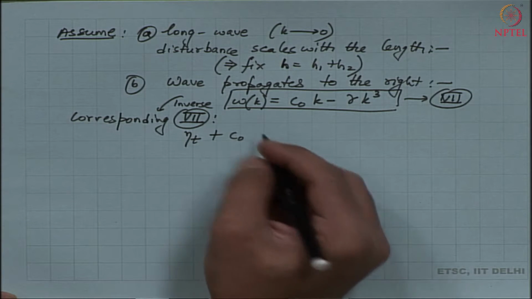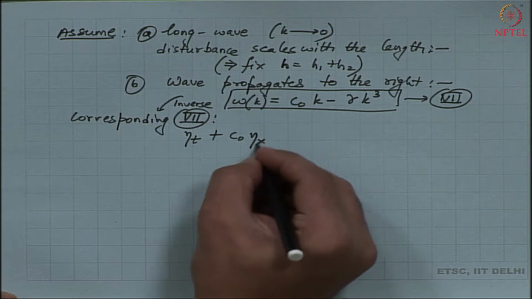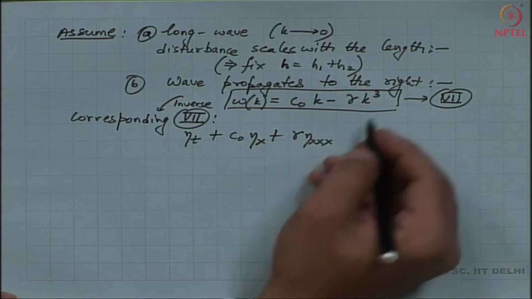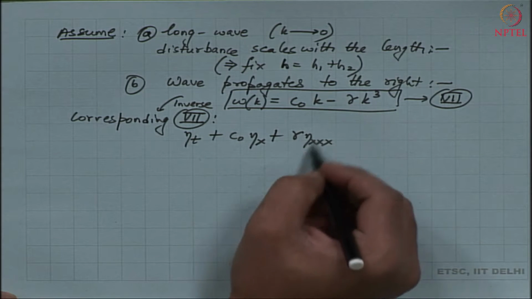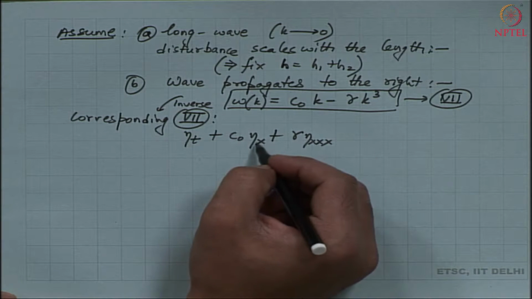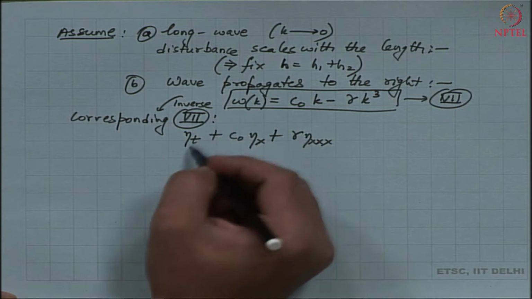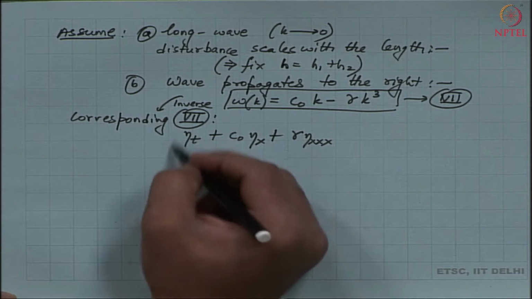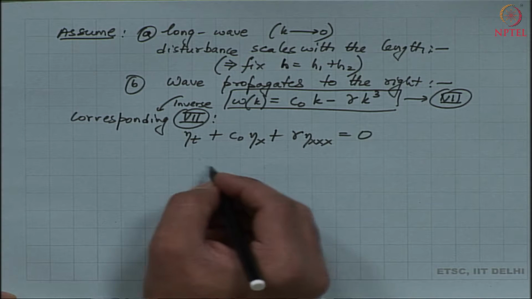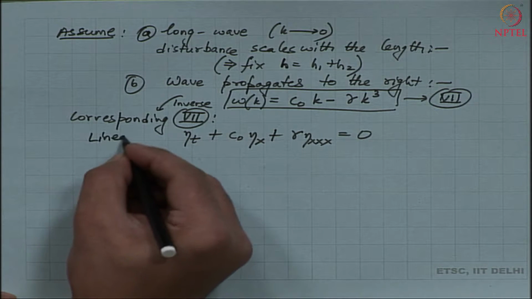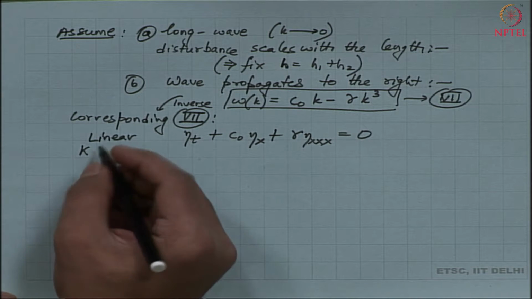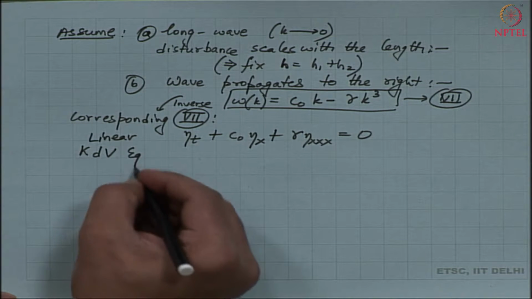This becomes eta_t + C_0 eta_x + gamma eta_xxx. So, this k cube brings in a third derivative, and the presence of k brings in a first derivative, and of course, the omega, when we are transforming, corresponds to the time derivative. Okay. So, we have the following PDE. This is again a linear PDE, and it is the linear Korteweg-de Vries equation, also called the linear KdV equation.